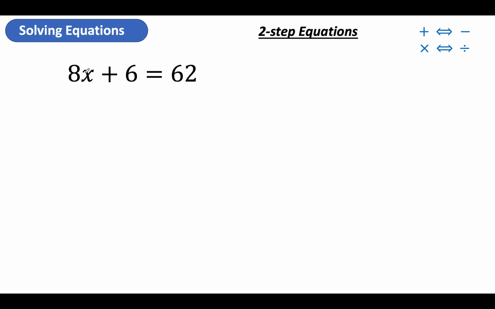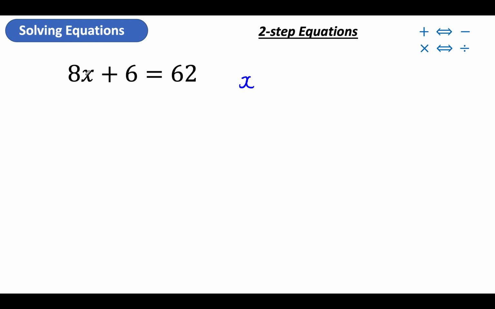Now, this equation here is saying 8 times by that mystery number, so 8 lots of something, plus 6 equals 62. And what I'm going to do is undo that little number journey through doing inverse operations. If we started with my mystery number, what's the first thing that happens to it? Well, we don't add 6 first.